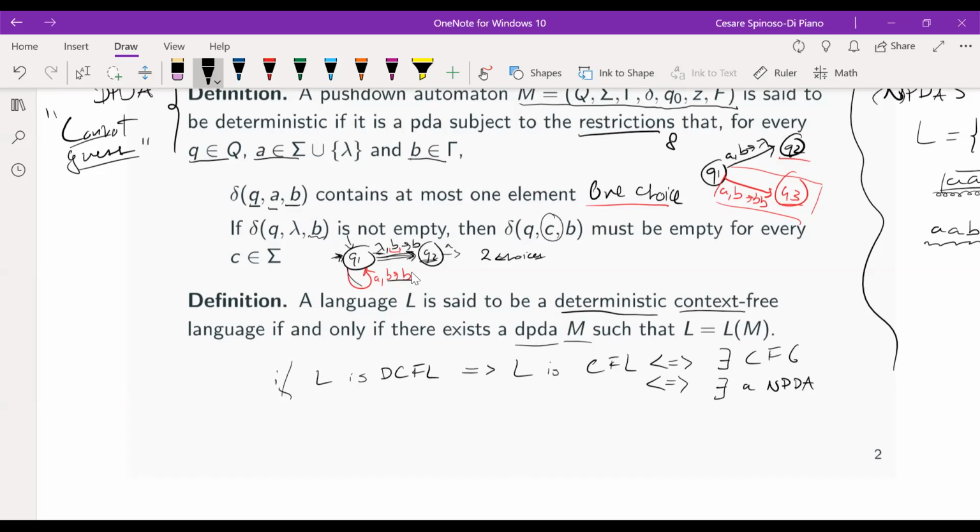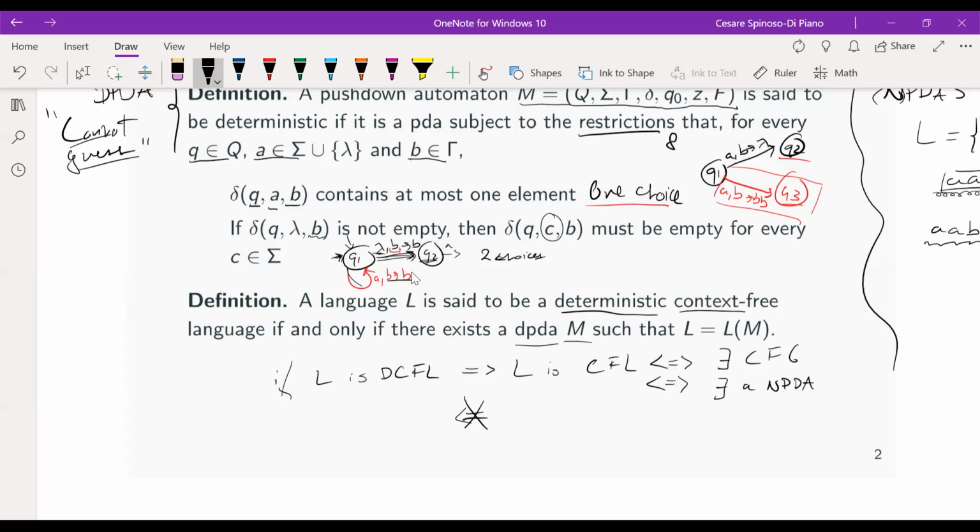But a DPDA, just like a DFA is an NFA, a DPDA is an NPDA, because it's just not using the non-determinism of the NPDA. So that's why if L is a deterministic context-free language, then L is also a context-free language. The converse, however, is not true.